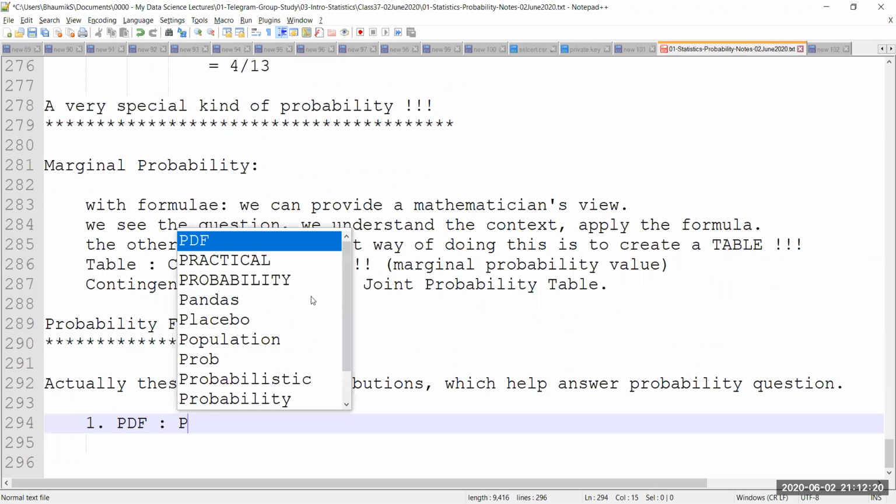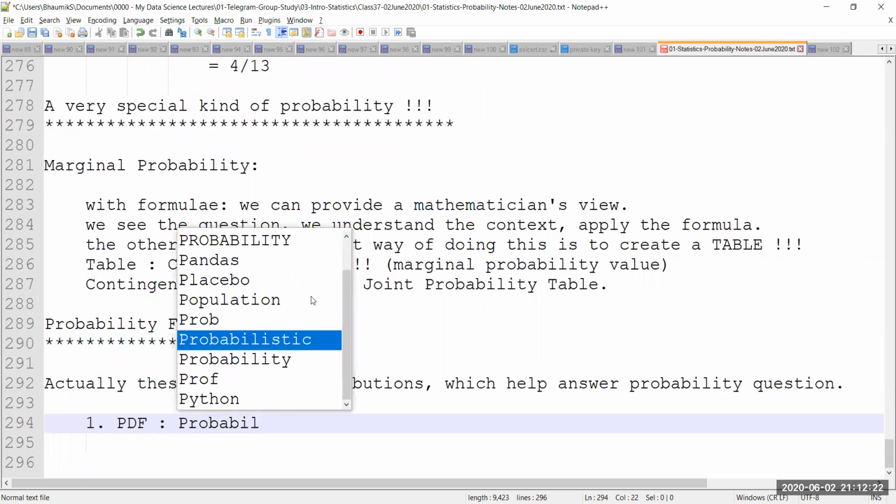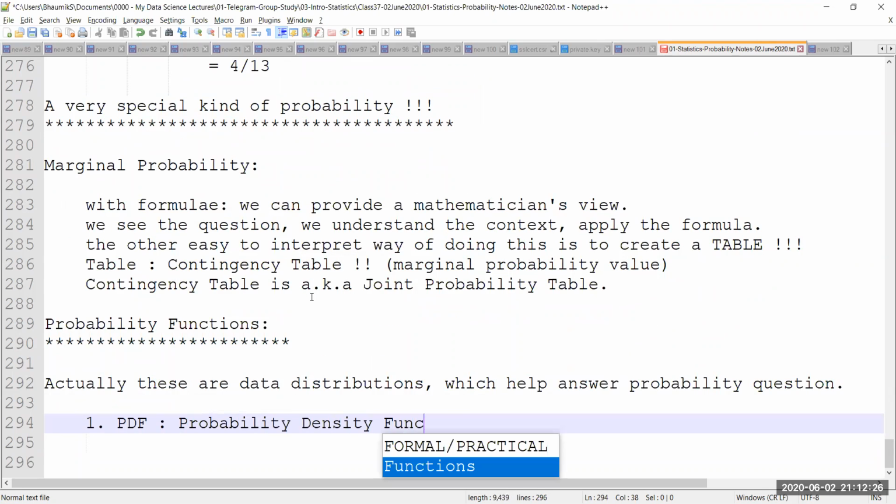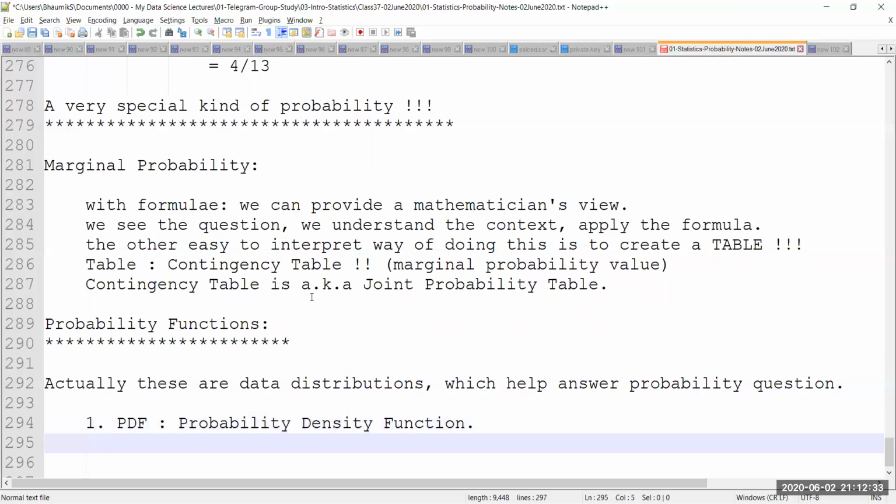PDF, or probability density function, is simply created by touching the tips of the histogram, and it helps us understand the probability of some event happening, as we have already seen. So this gives a very rough idea of what may happen, right?